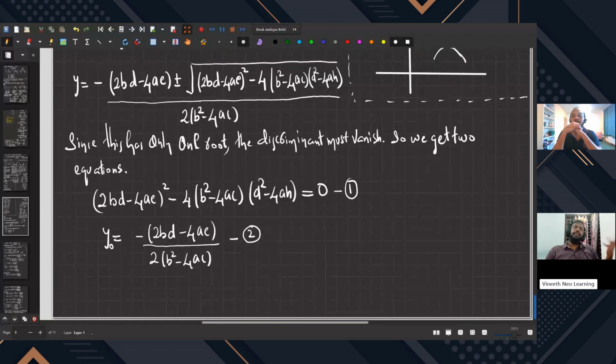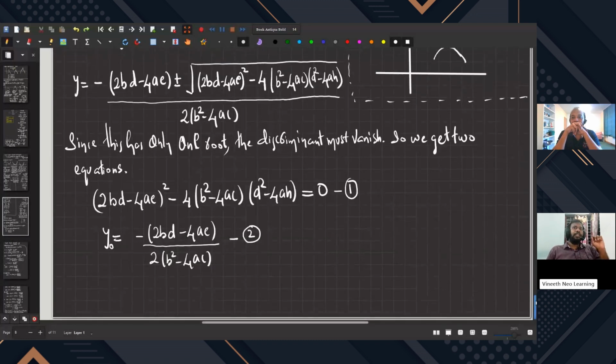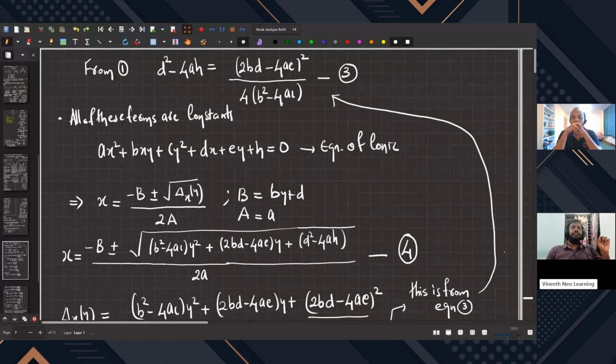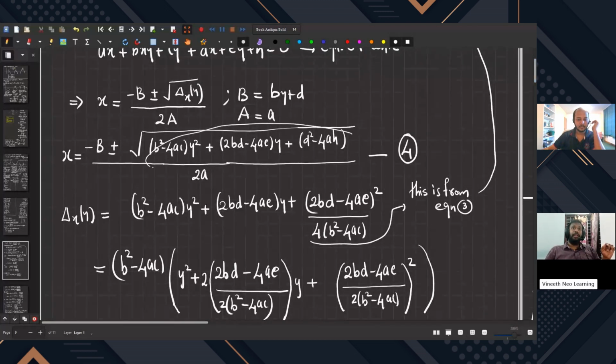It was just arbitrary. We assume for a y naught it becomes 0, and since it becomes 0, we know that this discriminant must vanish. We took advantage of that vanishing equation so that we can manipulate this, and from that equation we made this a perfect square, not vanishing here. We haven't substituted y equals y naught here.